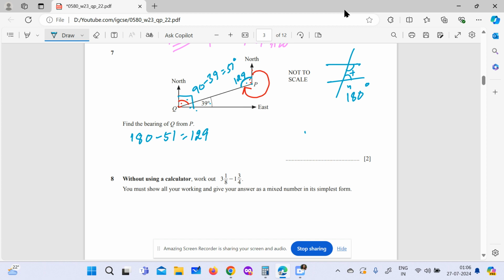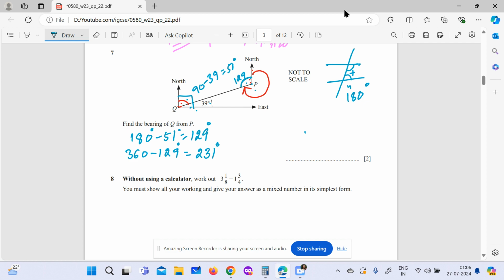Now we know that the angle around a point, or a complete angle, is 360 degrees. So this angle will be 360 minus 129, that is nothing but 231 degrees.